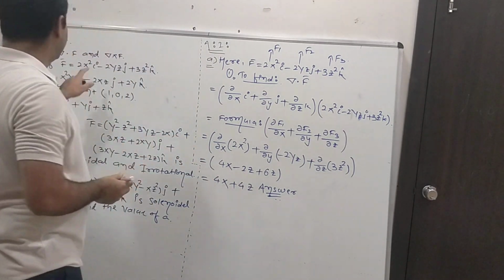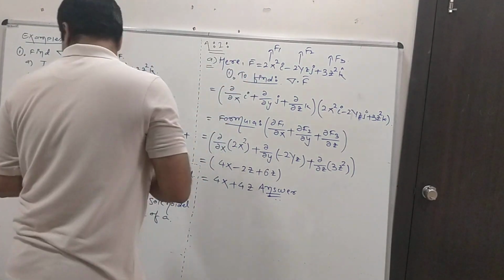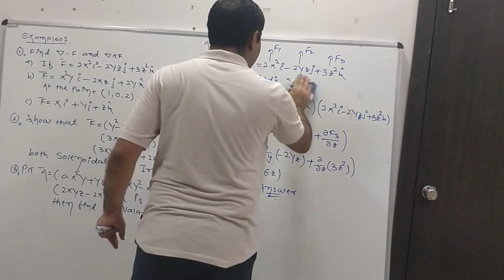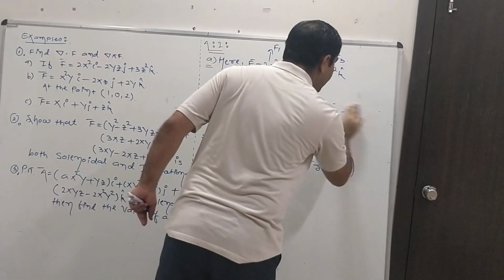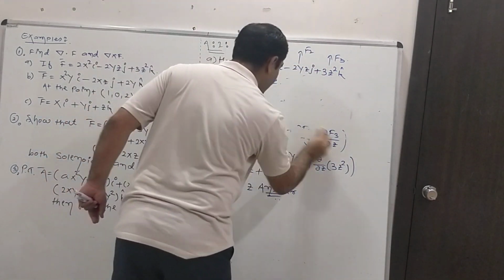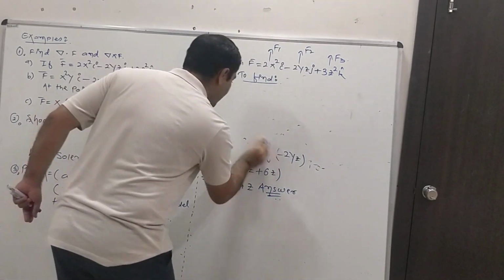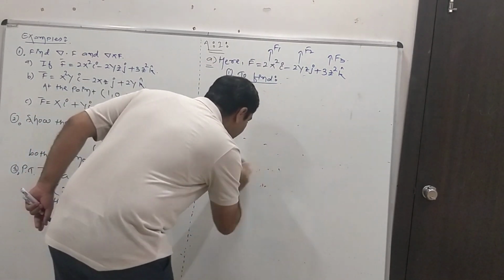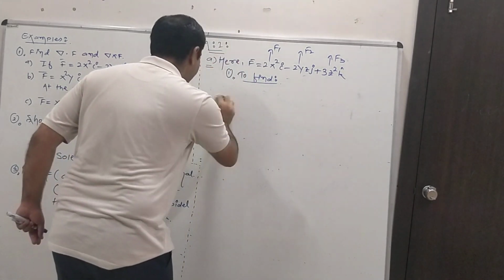Now we'll see the curl of this given function. So we'll find del cross f, students. We know that we have to take the determinant where you have to put the values, students.